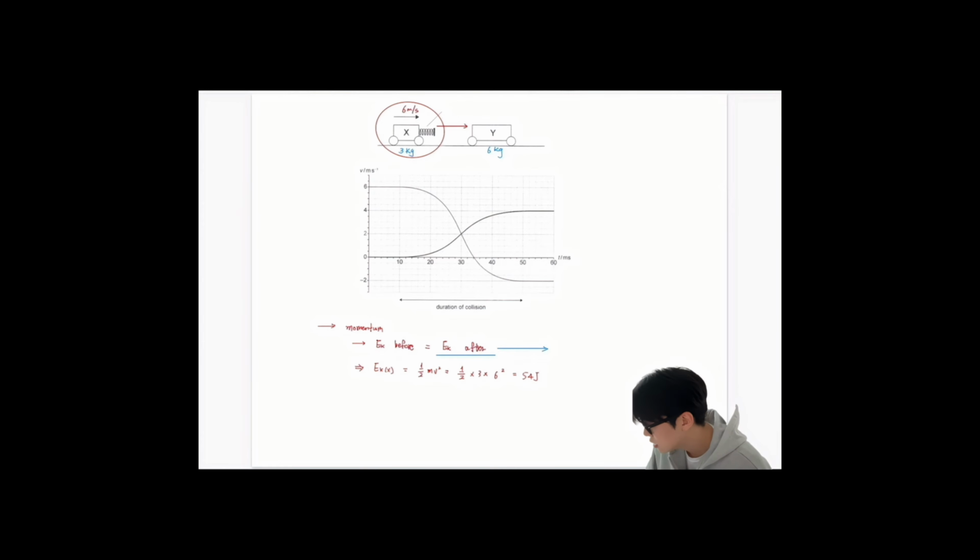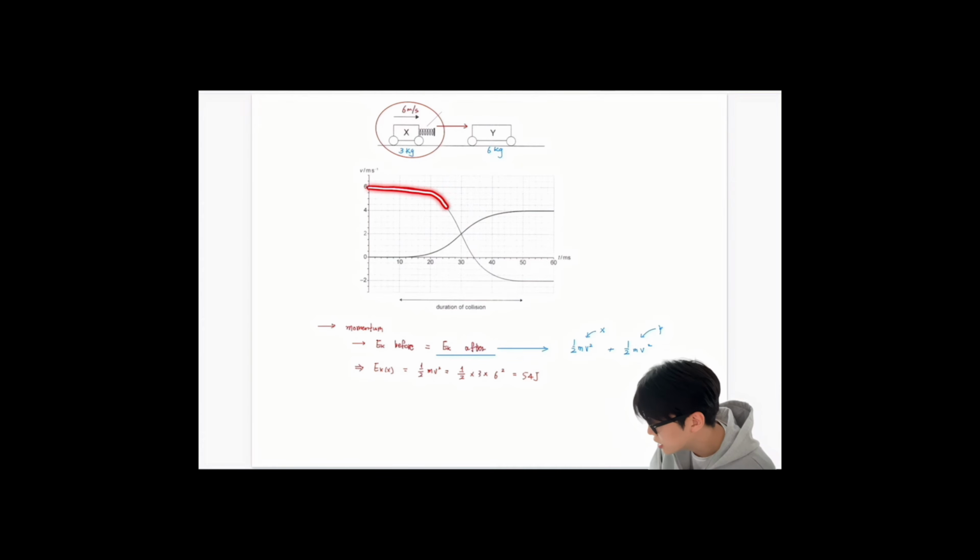That is half mv squared of the X plus half mv squared of the Y cart. And now we have to look at the graph here. If you look closely, you will see the number 6, which is 6 meters per second.